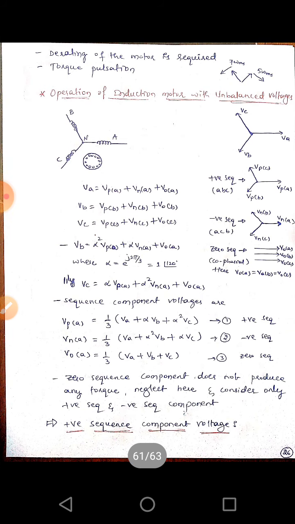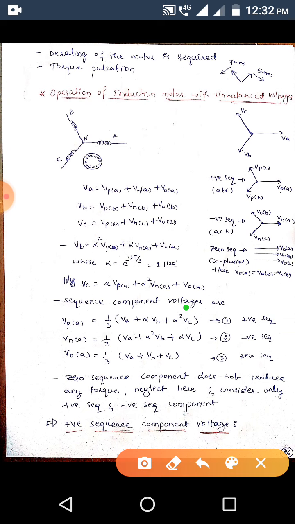With non-sinusoidal supply voltages, torque pulsation is also produced. Suppose the synchronous speed of the motor is rotating in the clockwise direction, it may achieve 7 omega s. If it is in the reverse direction, it may go like 5 omega s.